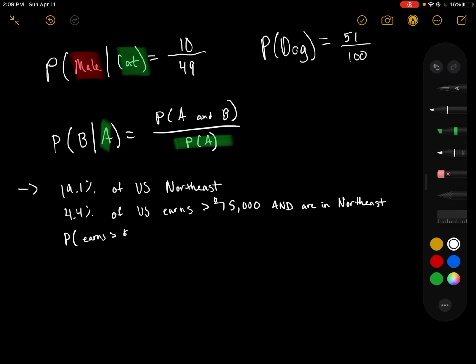And we want to find the probability that someone earns more than $75,000 given they live in the Northeast.